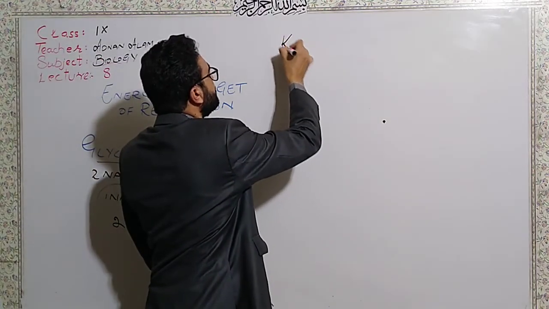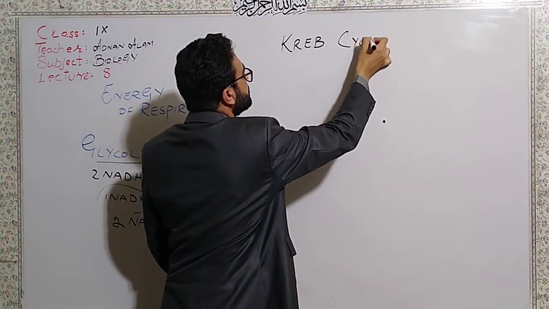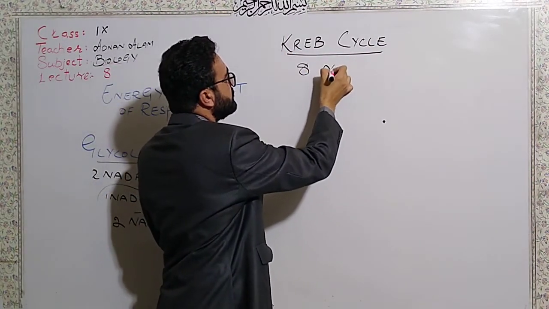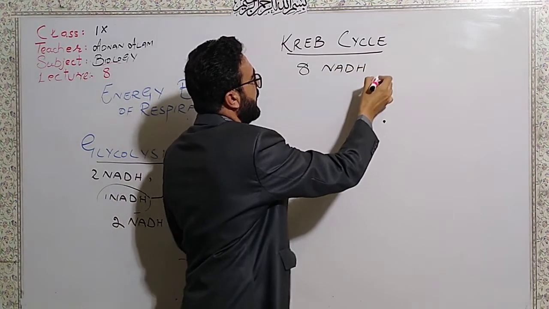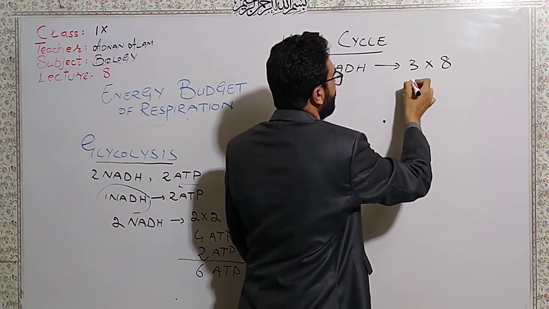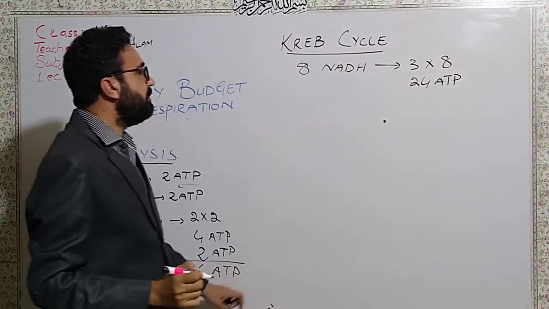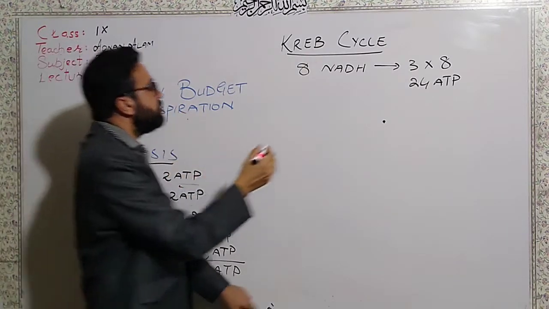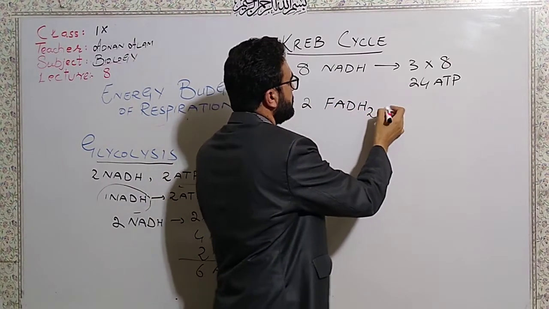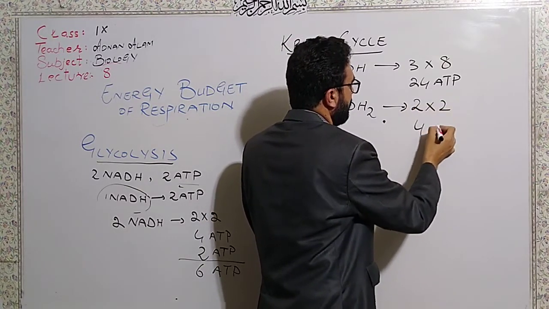Then in the Krebs cycle, we got 8 NADH molecules, and each NADH molecule gave us 3 ATPs, so 3 times 8 is 24 ATPs. 2 FADH2 molecules are also formed, and each FADH2 gave us 2 ATPs, so 4 ATPs.